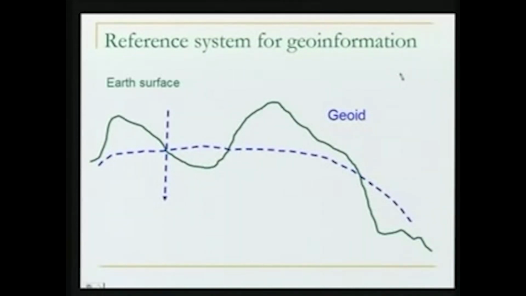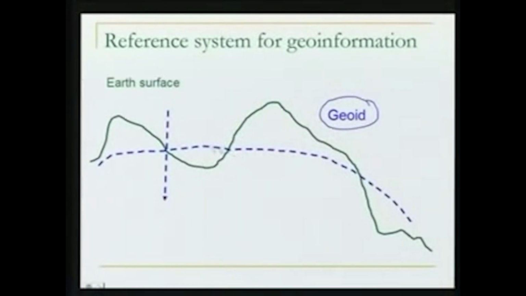The meaning of geoid is, it is basically an equipotential surface. Let me define it. The meaning of equipotential surface is, everywhere in this surface the potential is the same. What potential are we talking about? Well, we are talking about gravity here. I will try to explain it now.